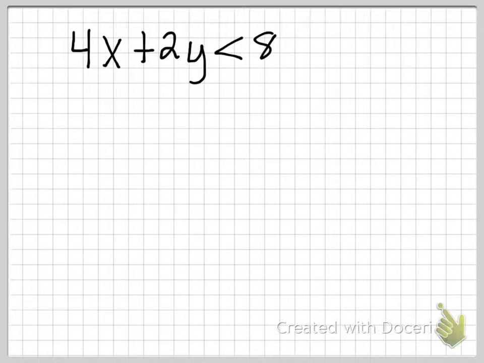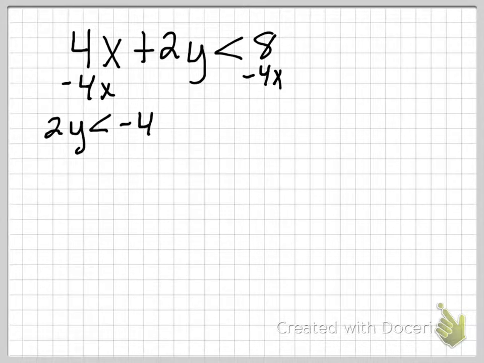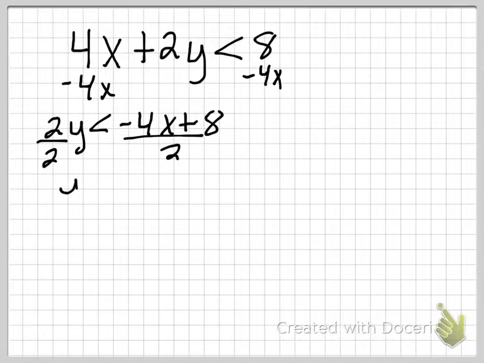In order to see my slope and my y-intercept, I'm going to have to get this into slope-intercept form. So I'm going to have to move the x term first. So I get 2y is less than negative 4x plus 8, because I usually try to write the x term first. Then I go ahead and divide by 2. So I get y is less than negative 2x plus 4.